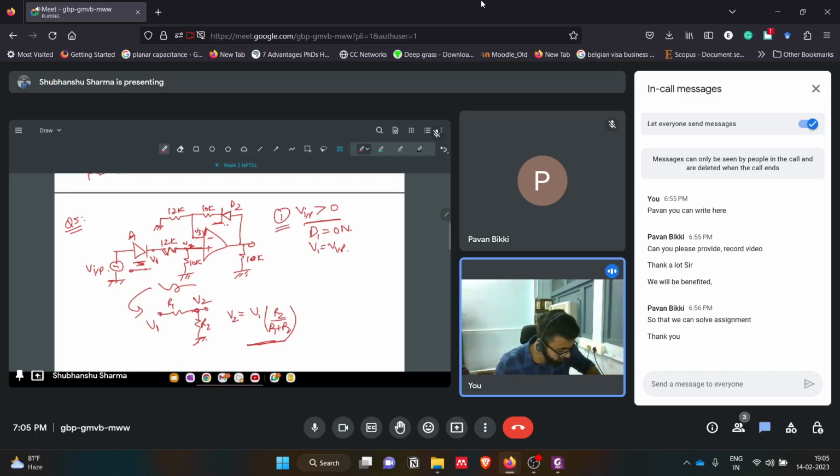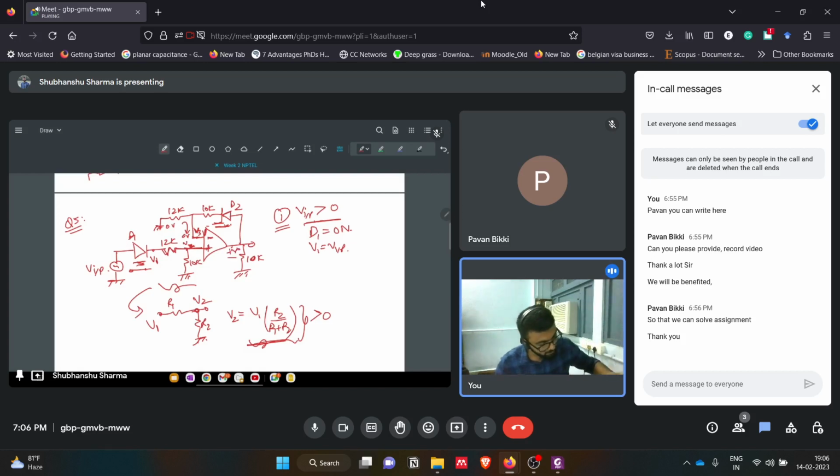Now V3. Since we don't know whether this diode is on or off, if this feedback is not working, then 0 volt will be here initially. Then V2 is here. We know that the input is positive, so V2 will be greater than 0, obviously greater than the 0 volt here. So the non-inverting side of this op amp is greater than the inverting negative terminal, so the output of this op amp will be positive.